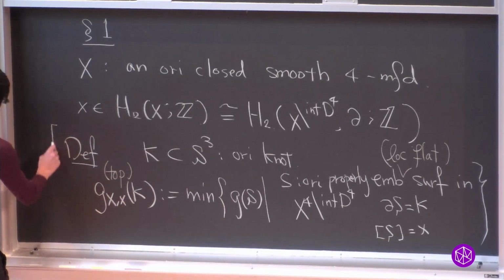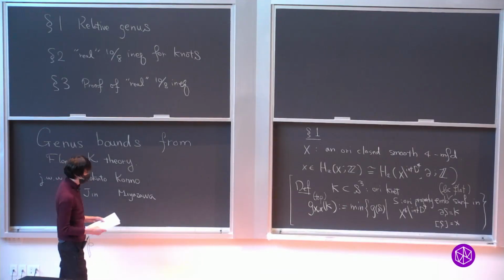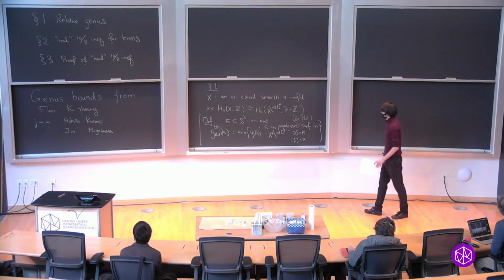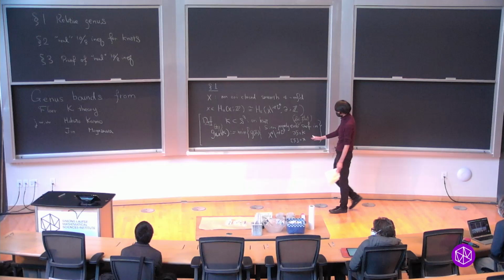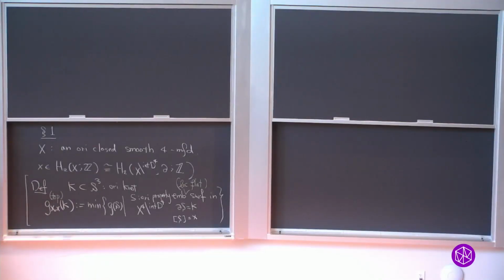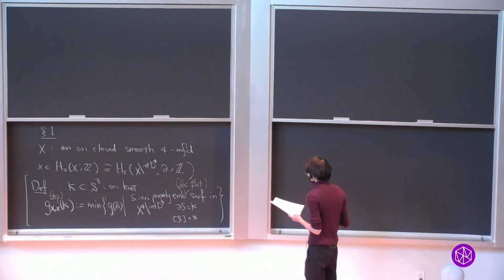So this is the definition of the main object. If you consider X as S^4, this is nothing but the four-genus of a knot. And if you take K as the unknot, then it is nothing but the minimal genus of embedded surfaces in a closed four-manifold. So this is a very historically studied thing.